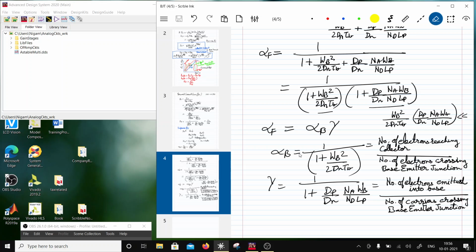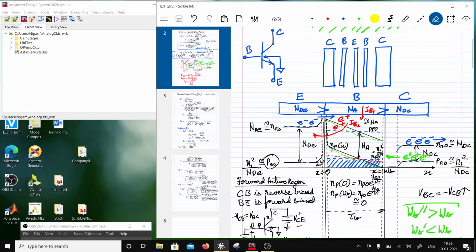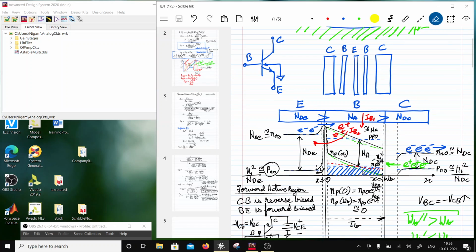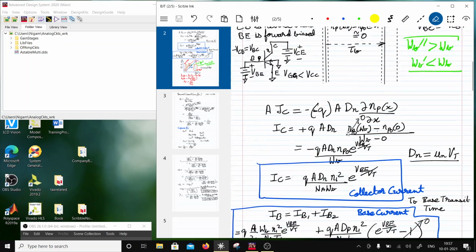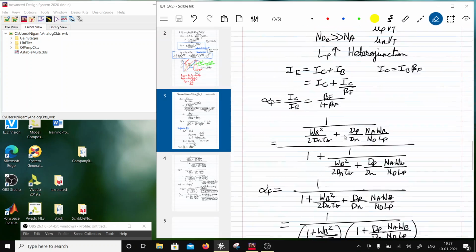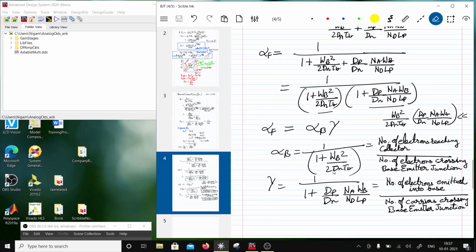And then the base transport factor will go close to 1. Another thing is that this hyperbolic nature would become more linear if tau b is increased. So that's basically how the base transport factor is affected by tau b.